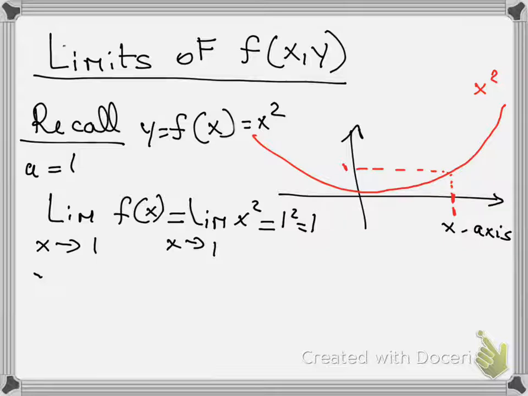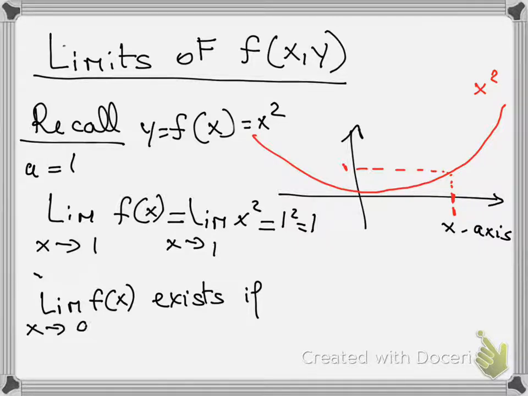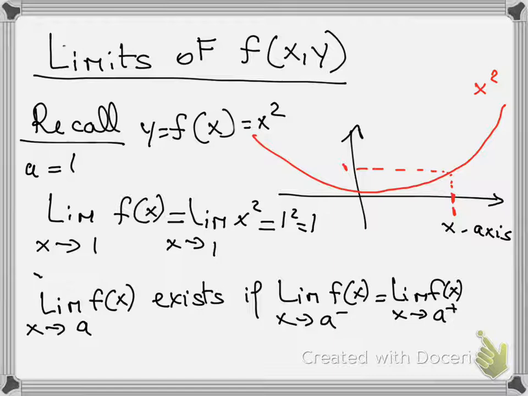So this limit exists because, remember, the limit of f of x exists as x approaches a if the limit of f of x when x approaches a from the left is equal to the limit of f of x when x approaches a from the right, and that will be equal to your limit.